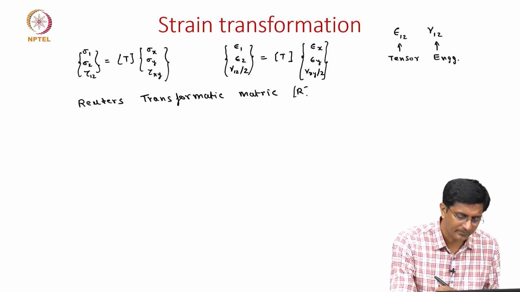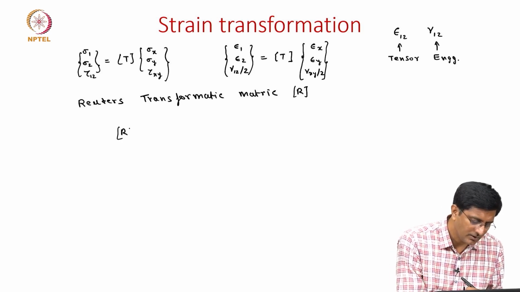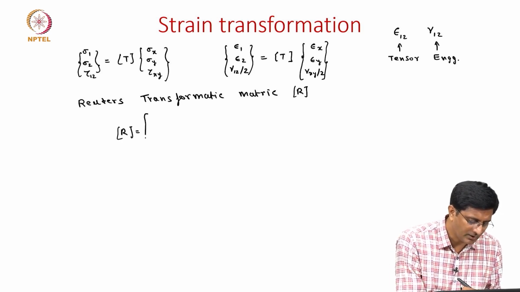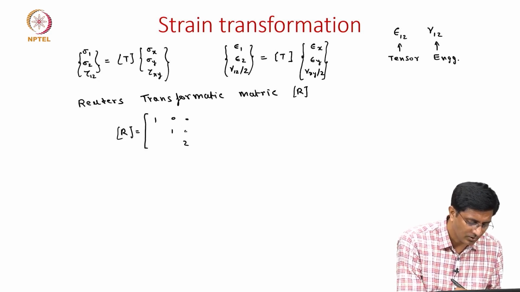Represented by R. The way it is defined is, you again have a 3 by 3 matrix with the diagonal terms 1, 1, 2 and the rest all zeros.